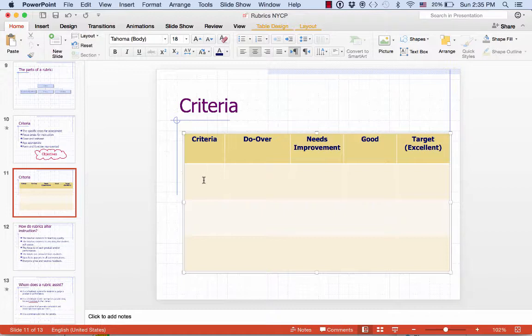Students are going to say it has 3 paragraphs. Well, I'm going to push them to say, so what if those paragraphs don't say anything? So you can encourage them to get around to saying content. Let's put in here, criteria. We're going to say the content.